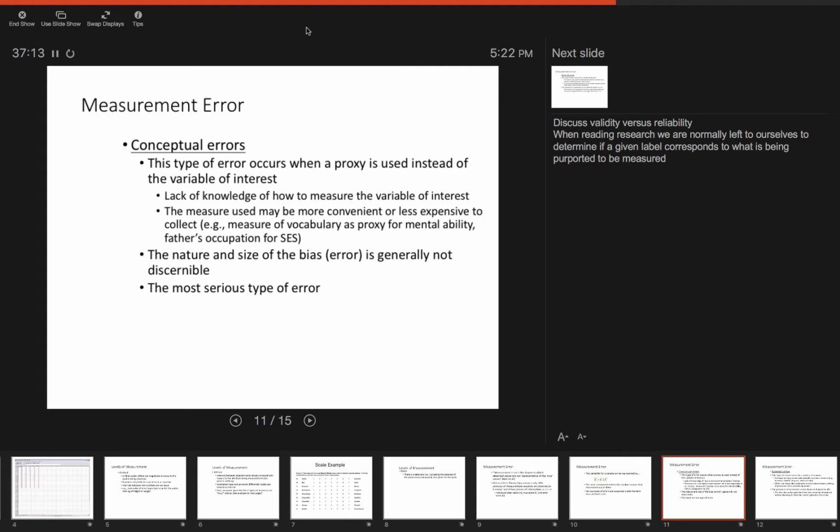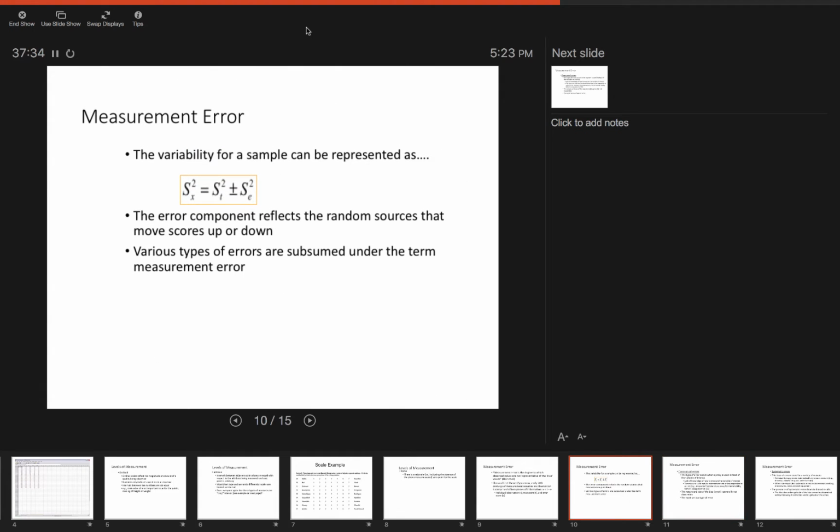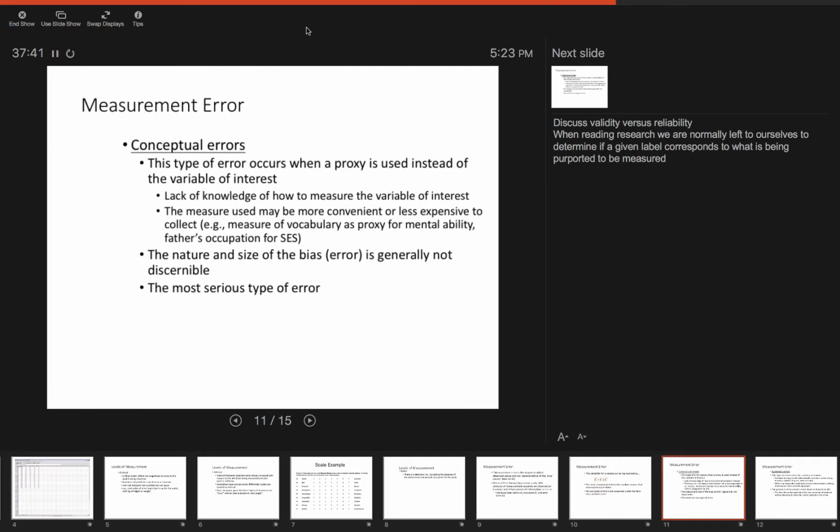And so it's a serious and probably, as I say here, the most serious type of error. You want to measure socioeconomic status. You say you're measuring socioeconomic status, but your proxy is getting something else. And obviously in that case, the E has the potential to be quite large. So that is one type of error.